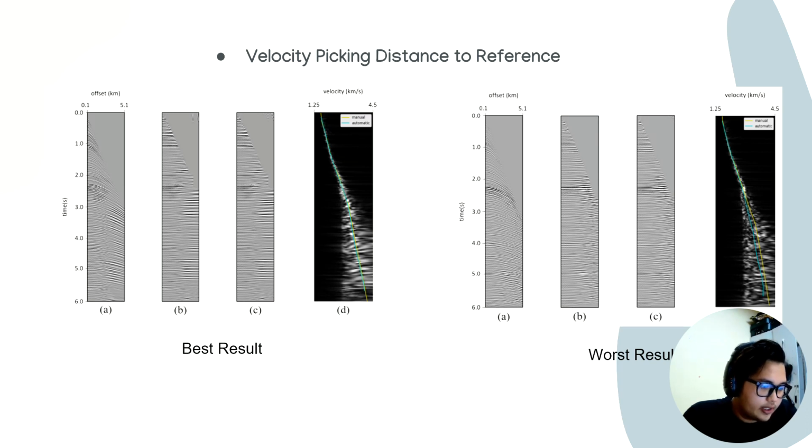The methodology significantly reduced the need for manual annotation, with only a handful of gathers requiring manual picking. The efficiency makes the approach practical for various velocity analysis tasks.